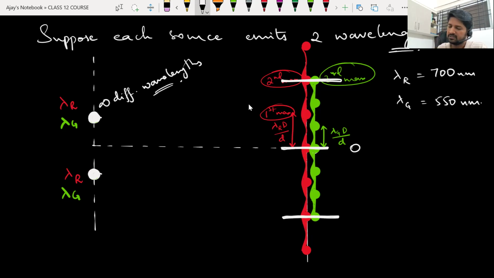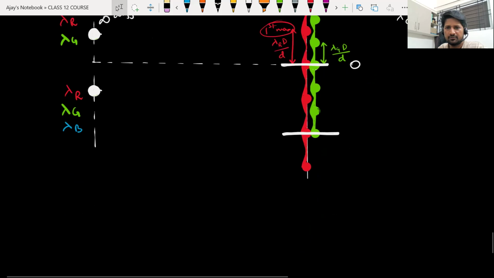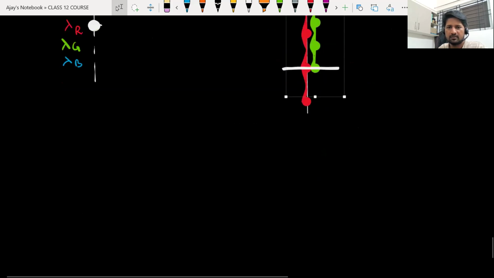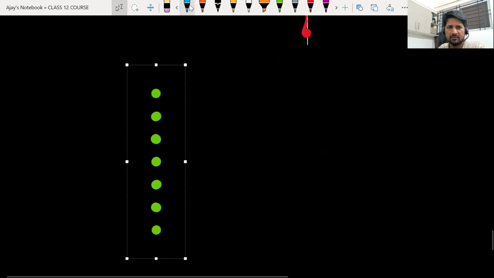Now, along with red and green, suppose some other color like blue is emitted. Red, green plus blue. Blue color will have another pattern. Blue color's wavelength is even smaller, so even smaller bands will form. So for blue, we can indicate the pattern like this maybe.